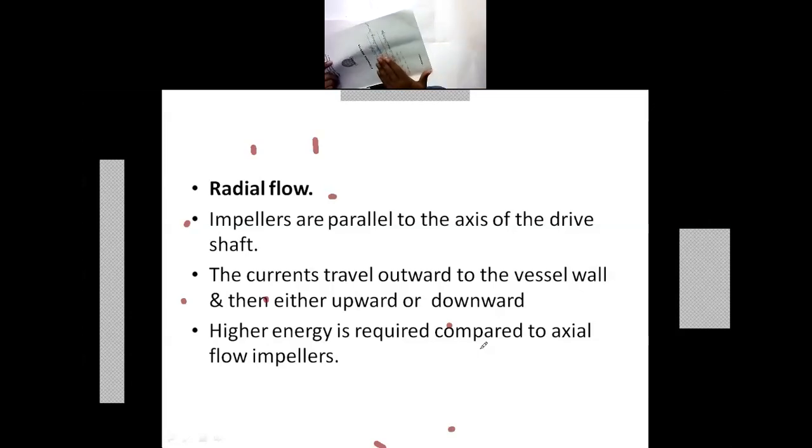So changing the blade angle has an effect on the flow pattern: I get a downward flow pattern in one case and a radial flow pattern in the other. In the radial direction the impact is directly on the impeller blade, and that is why you require higher energy compared to the axial flow impeller.